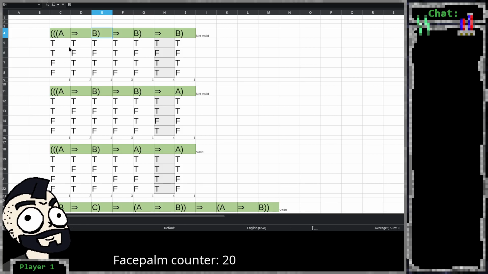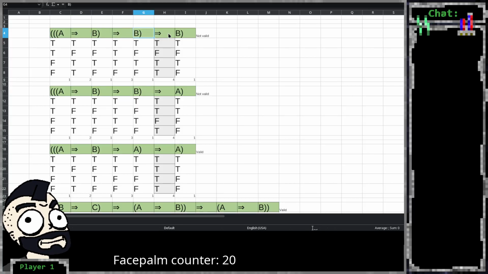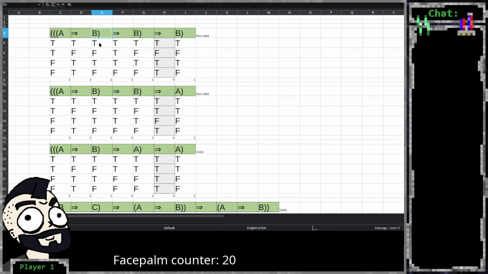I don't know what the correct terminology is. And that's really simple and easy to map out. So A implies B, all of that implies B. I started filling out the proposition letters, the A's and the B's, under the canonical order. A appears first, so we go true, true, false, false. B appears second, so we go true, false, true, false.